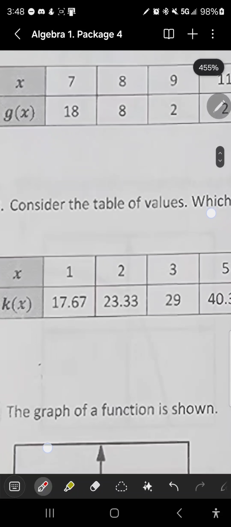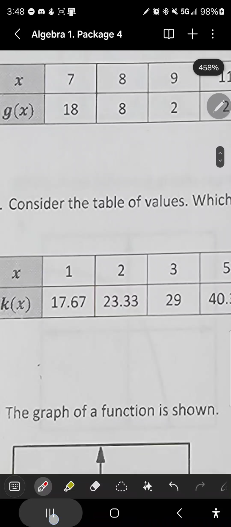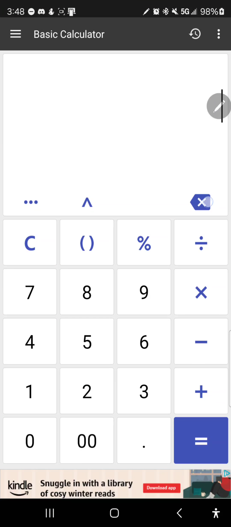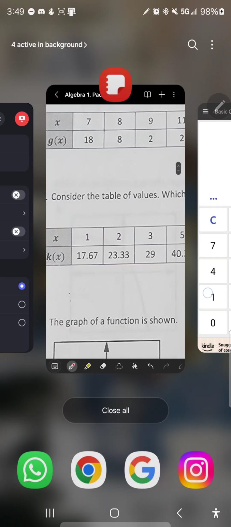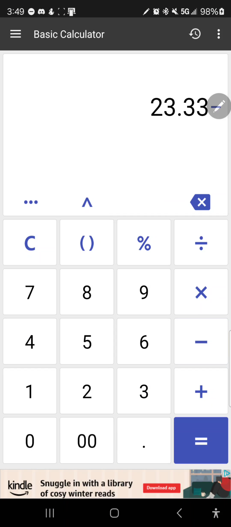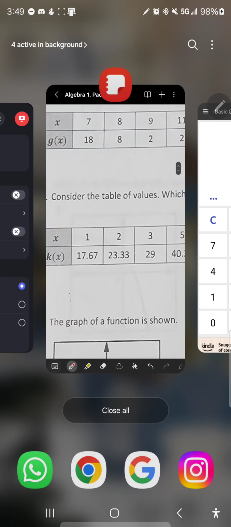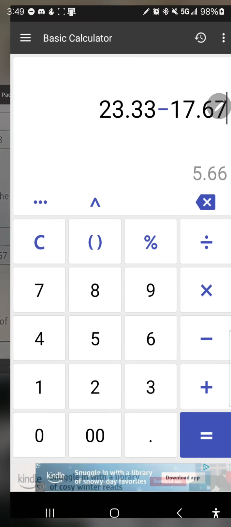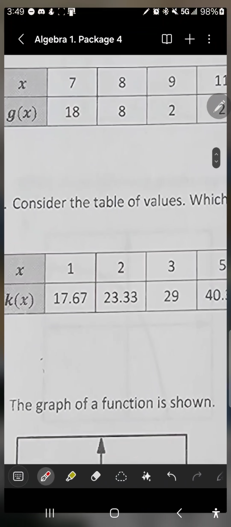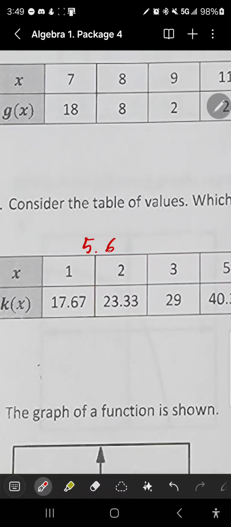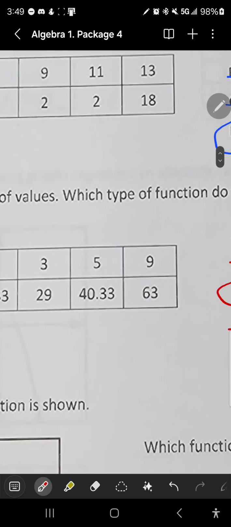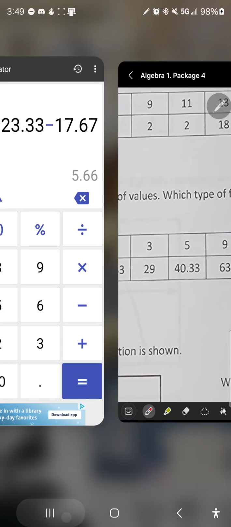But to make sure, we can calculate the slope. We can say 23.67 minus 17.67. 2 minus 1 is just 1, so divided by 1 it is 5.66. Now if I want to check, let's check between these two.